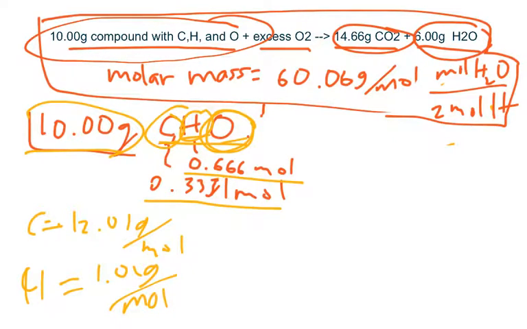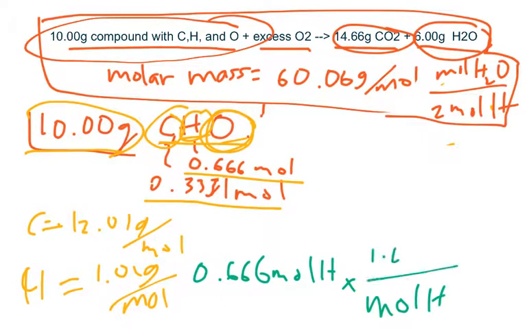Well, I need to convert 0.666 moles of H into grams of H. So I would do 0.666 moles of H times the molar mass of H. So 1.01. Oh, no, that's not right. The moles go on the bottom. So moles of H, and on the top will be the mass of H. So the moles of H cancel out, and we're left with 0.666 times 1.01.